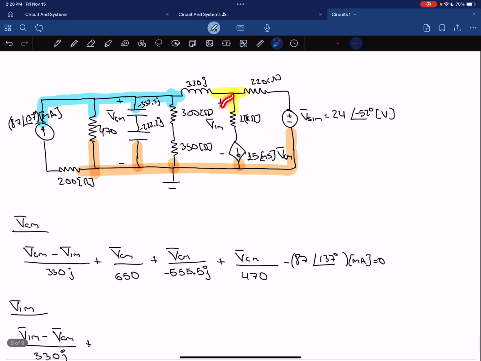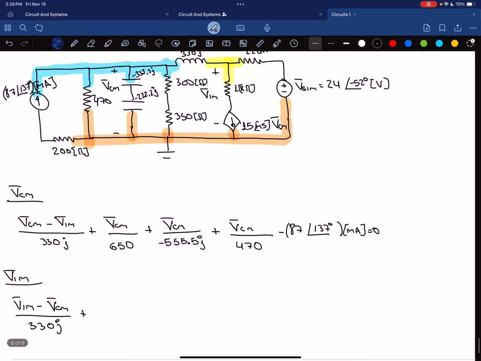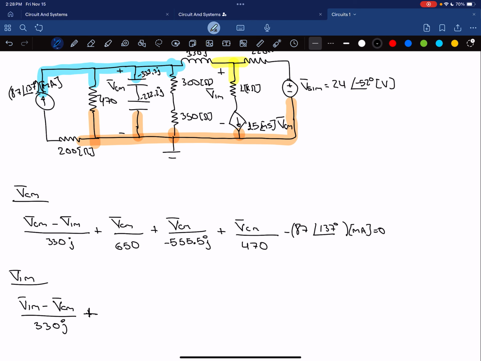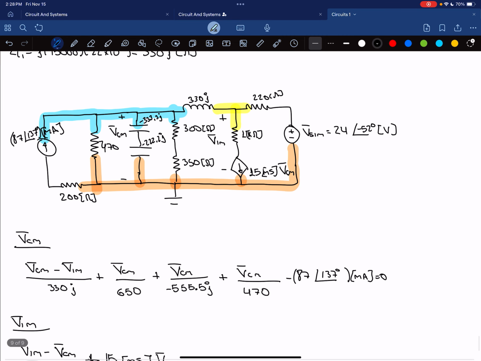We have a current going out, right? So this one is a current going out, which is already defined here. So we don't have to do anything here. We already have a current. Because going out then is plus 15 millisiemens times BCM, right?